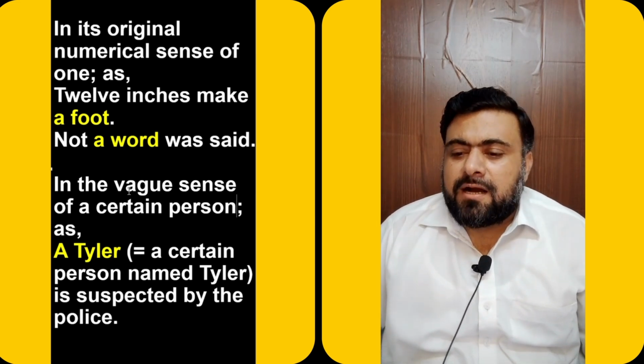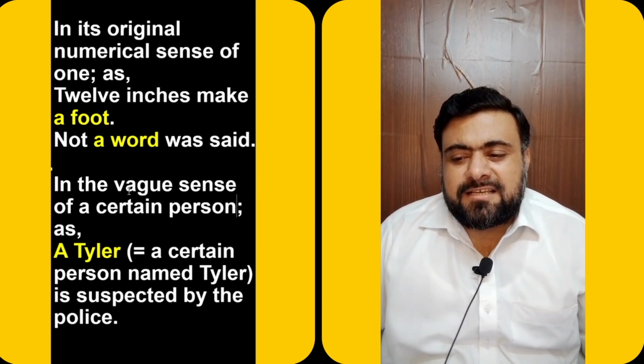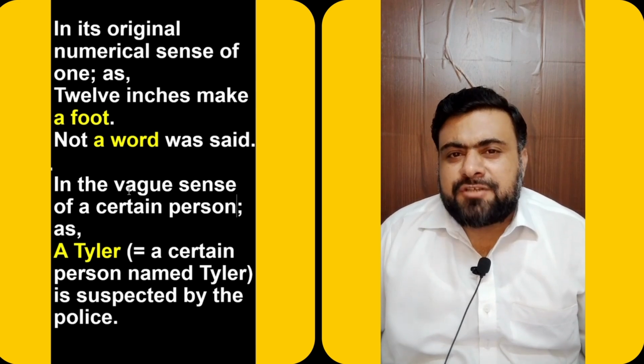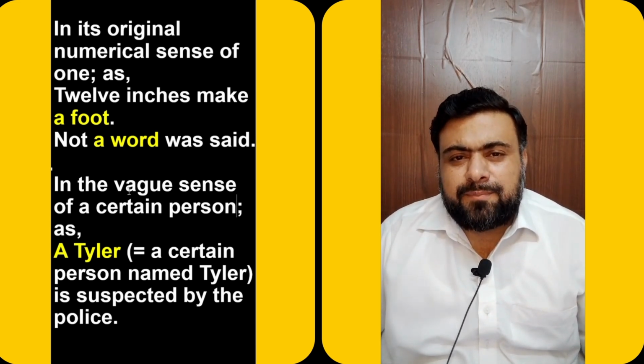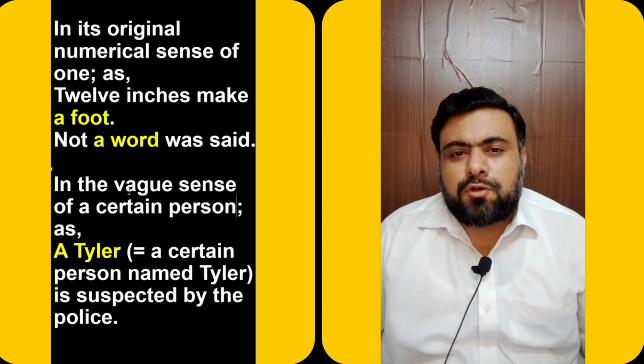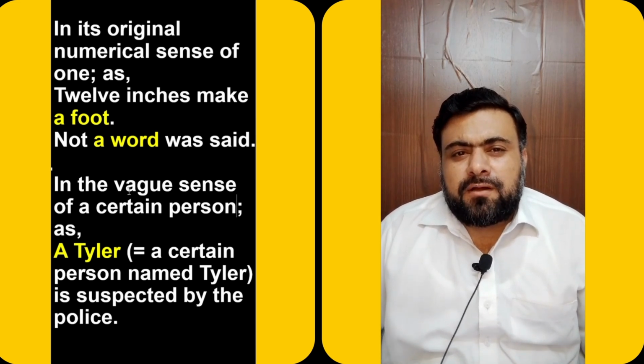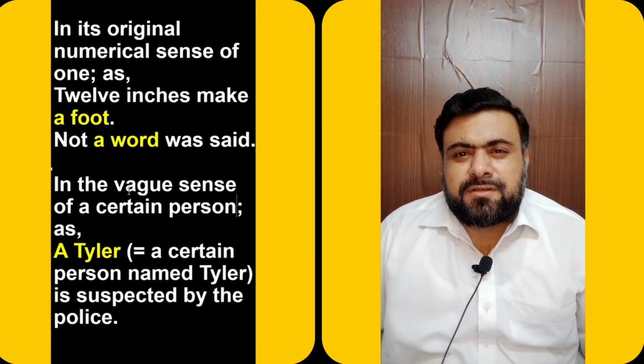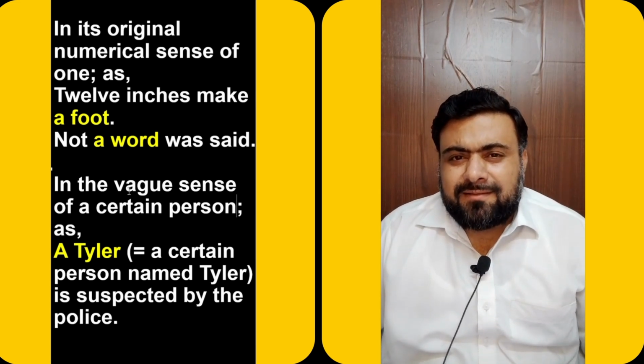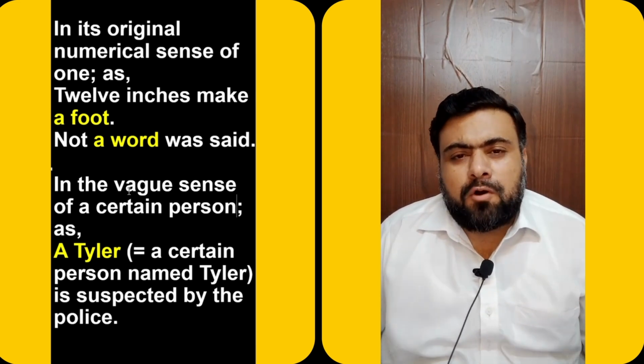So I will say a Tyler is suspected by the police. A Charlie is suspected by the police. An Ahmed is suspected by the police. So when we are referring to a certain person but in a vague sense, then we use a or an, the indefinite article.